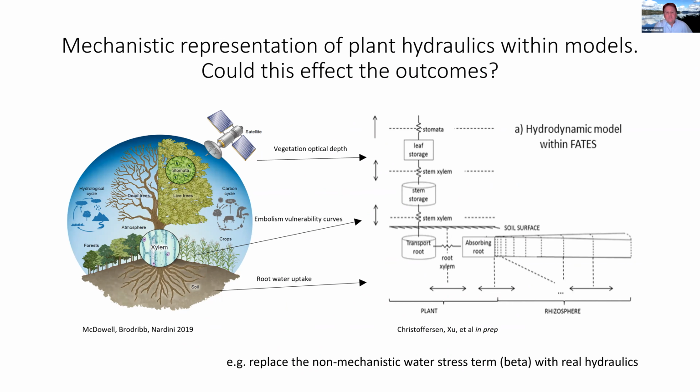And here's an example of a model that I'm more used to. This is the hydrodynamic model within FATES, or FATES Hydro, and this is a simple schematic of it. But with these representations within models, us physiology folks think, well, it must be better if we represent all of the details, rather than using a beta term, for example.